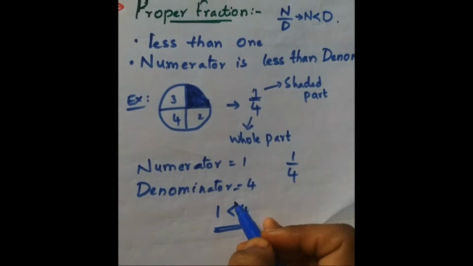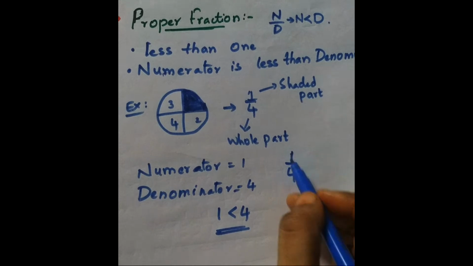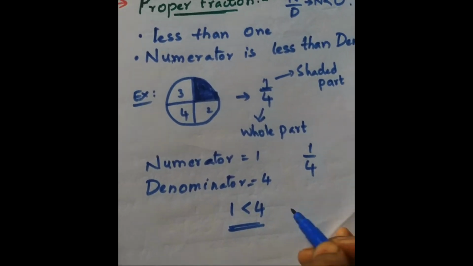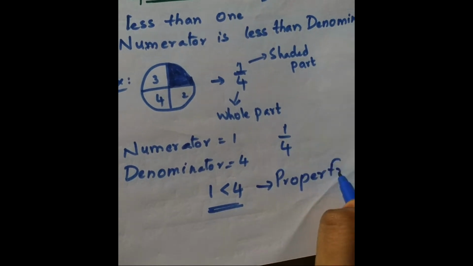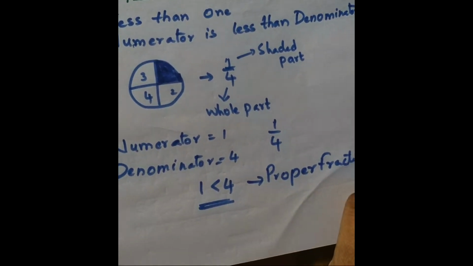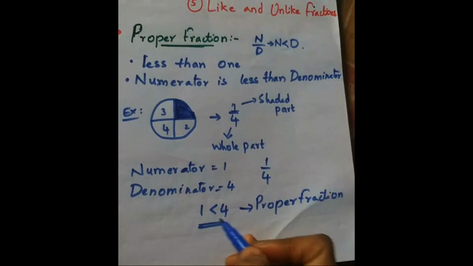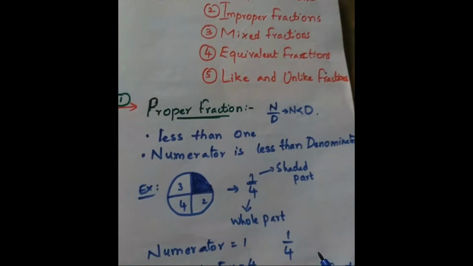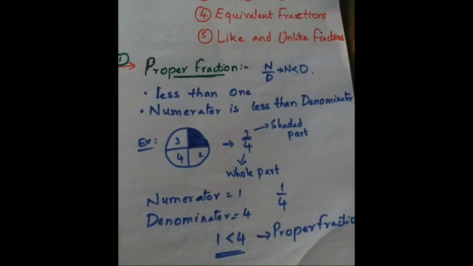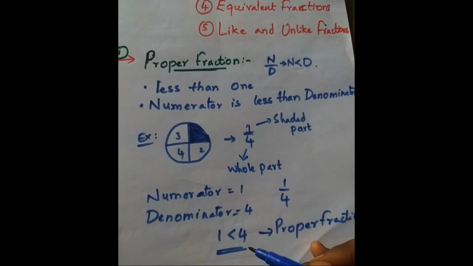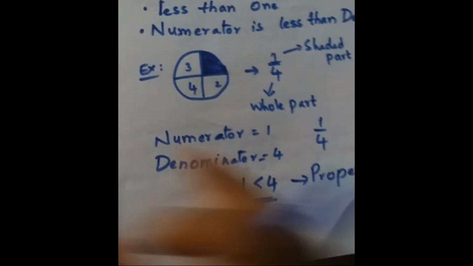In this also, numerator is less than denominator, so this fraction is a proper fraction. Like this we have to identify which fraction is proper, which is improper, mixed, equivalent, like and unlike.